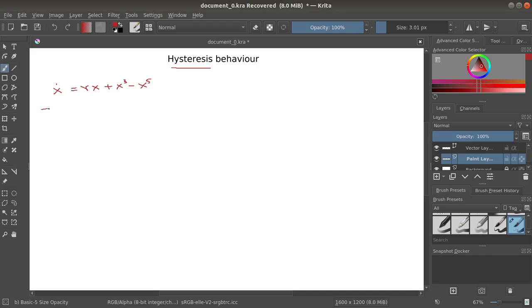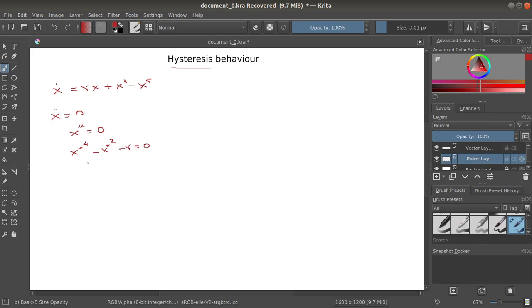In order to identify them, let's put x dot equal to 0, which will give us the following: x star is equal to 0 and x star to the power of 4 minus x star squared minus r is equal to 0.